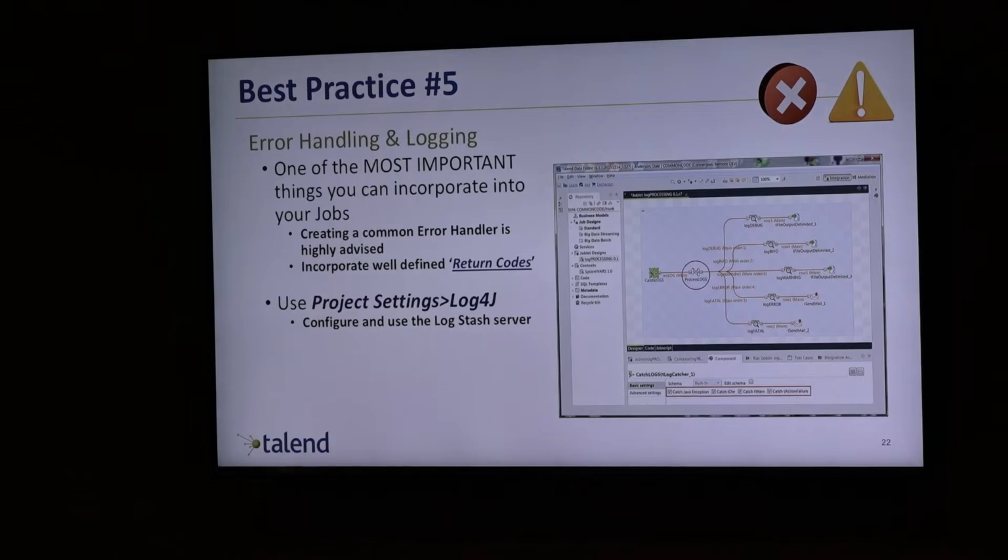Oh, I need to call the database people, or I need to call the developer because there's something wrong with the job. Or I'll call the system people because there's something wrong with the server, the job server is down or something. So if you have custom return codes like that, it'll help you easily debug some of the issues. That's one really good best practice, I think.